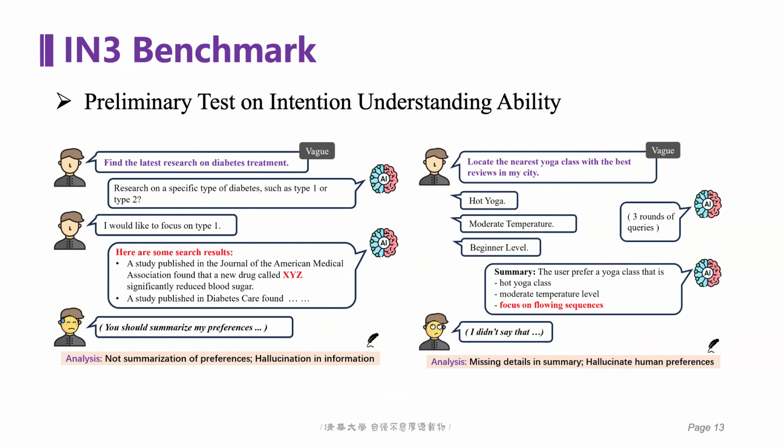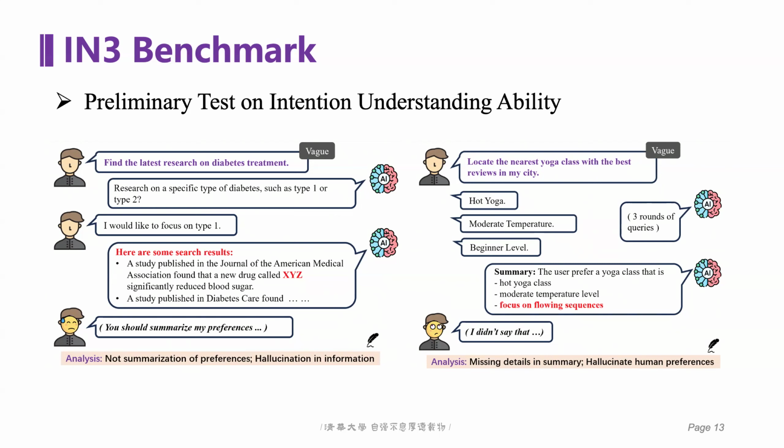But actually, we want the agent to do that later, during the instruction execution phase. But here, the agent system directly began to hallucinate some results and leave some hallucinated names like XYZ. So it doesn't make sense.